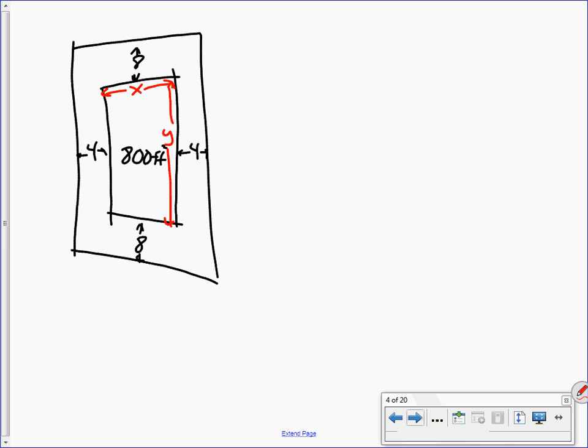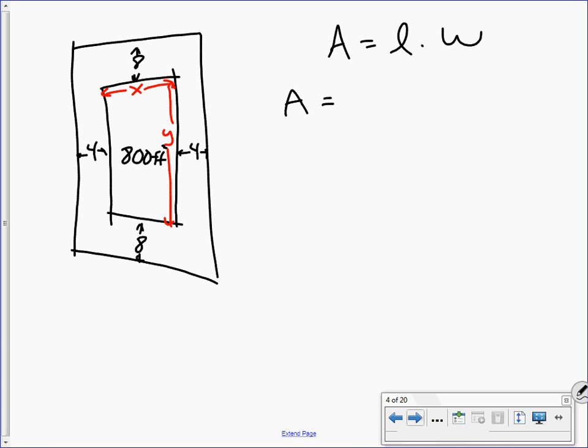All right. Now, what's important is you first write the equation of what you're trying to optimize. We say we're trying to minimize the amount of land used, which is the area of the big rectangle. So it's length times width.